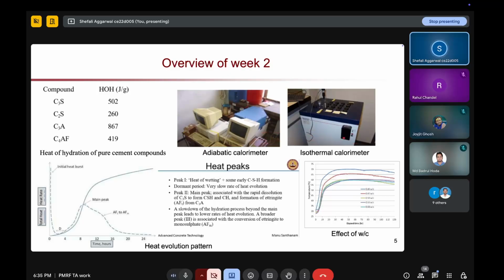In the working principle, in one we are maintaining heat, and in the other we are maintaining the temperature.